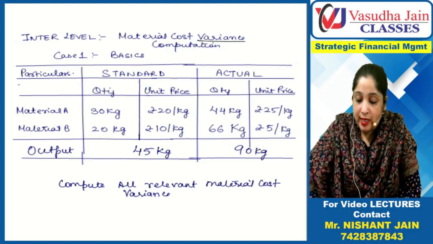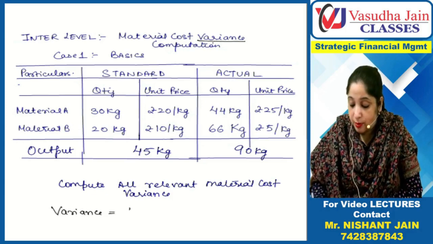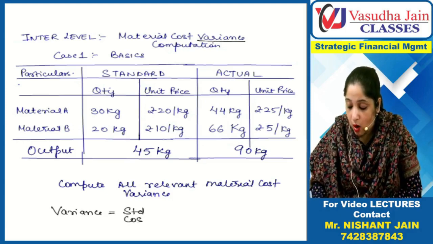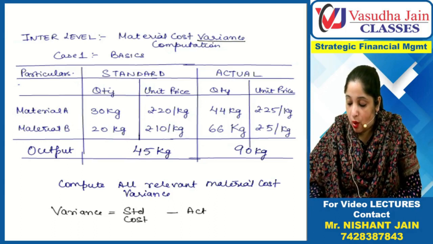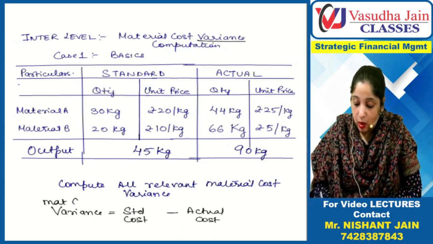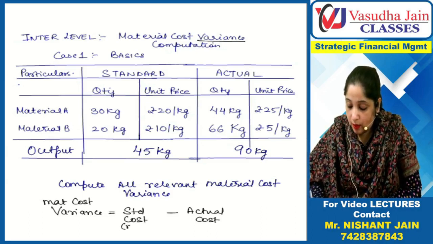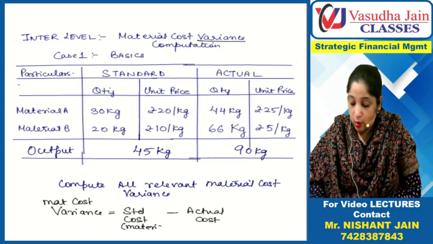Now, what is variance? We know very clearly what is variance. What have I told you about variance? Variance is a difference between standard cost and actual cost. Since you are going to study material cost variance, it is standard material cost and actual material cost.